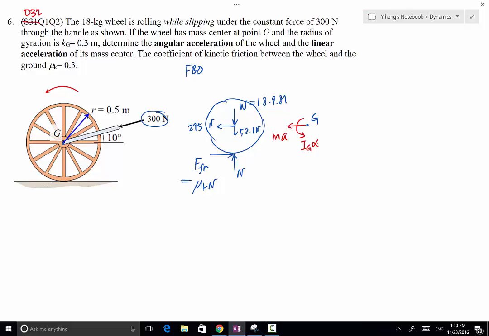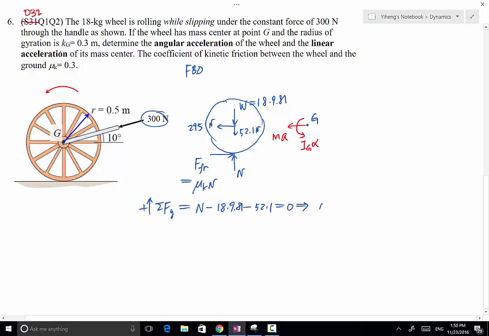We're going to start with the resultant force along the y direction, because we want to solve for the normal force first. So the resultant force along the y direction, up is positive, equals normal force minus weight force, which is 18 times 9.81, minus 52.1, and that equals 0.